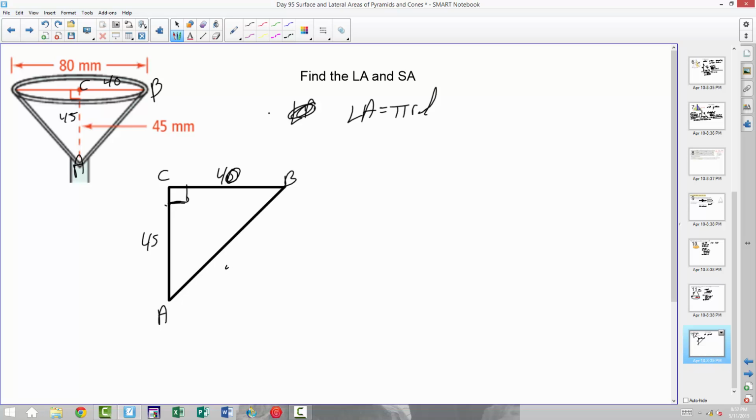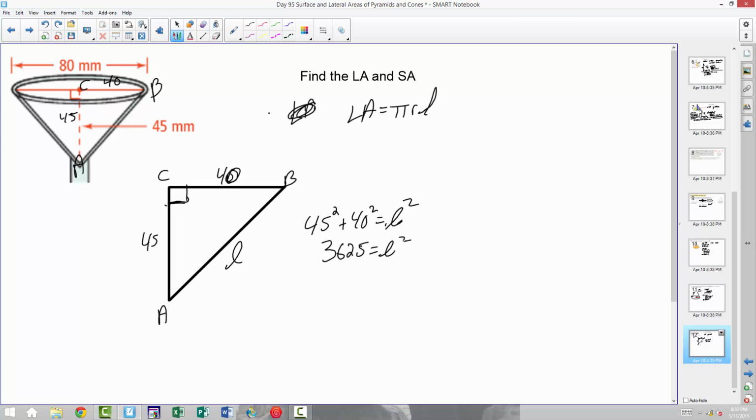So I need my slant. So how do I find my slant? Pythagorean theorem. 45 squared plus 40 squared equals L squared. So 45 squared plus 40 squared is 3625. So 3625 equals L squared. Square root that.